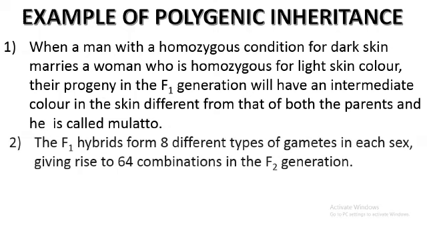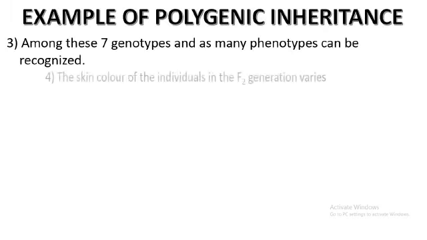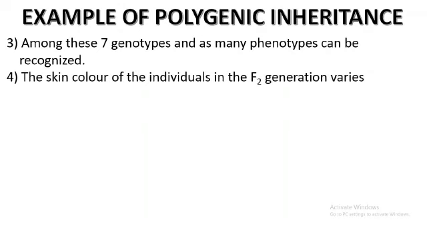But in the F2 generation, they produce 8 different types of gametes, and 64 different combinations will be produced in F2, which are as follows. In other words, there are 7 genotypes and many phenotypes can be produced.